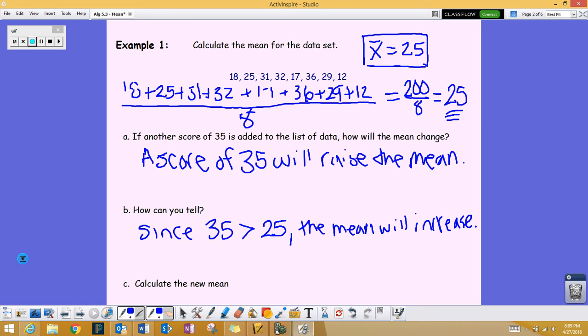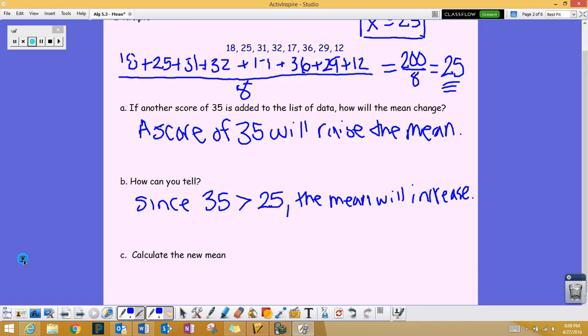Okay. The last part down here says now we need to calculate the new mean. In order to save ourselves some time, we're going to try to be a little bit smart here. Instead of going back and adding 18 plus 25 plus 31 plus 32 plus 17 plus 36 plus 29 plus 12 all over again, we are just going to take that total that we got here, 200 divided by 8, and we're going to add the score of 35 to that.